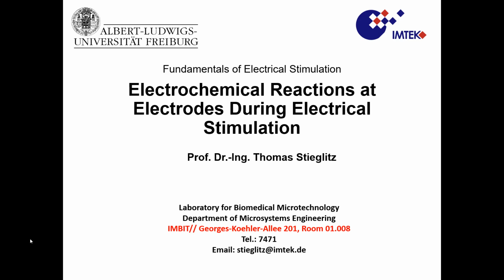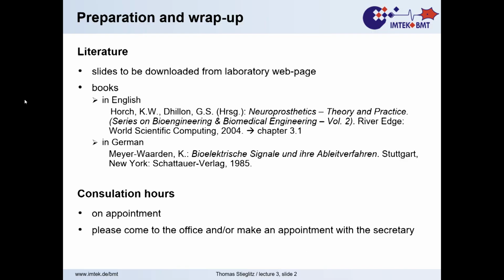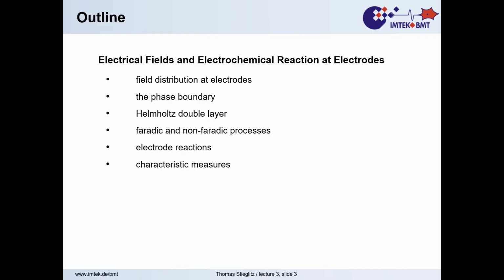So, electrochemical reactions. The plan is to give you an idea what happens here, how we can measure that, and why things look the way they look. And this comes not only with a scientific point of view, but quite often a lot of things that happened over the last 50 years reflect the state of the art.